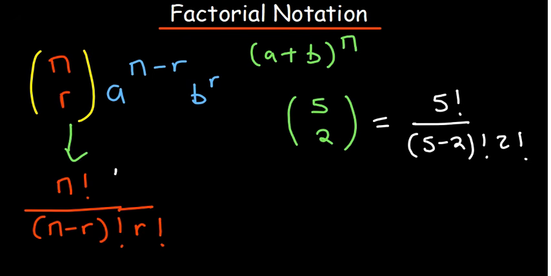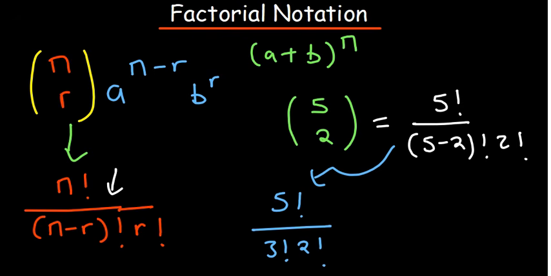That's the basic idea. That's what's happening there. So on your next step, you have 5 factorial. Now 5 minus 2 factorial is the same as 3 factorial, and then you have 2 factorial there.